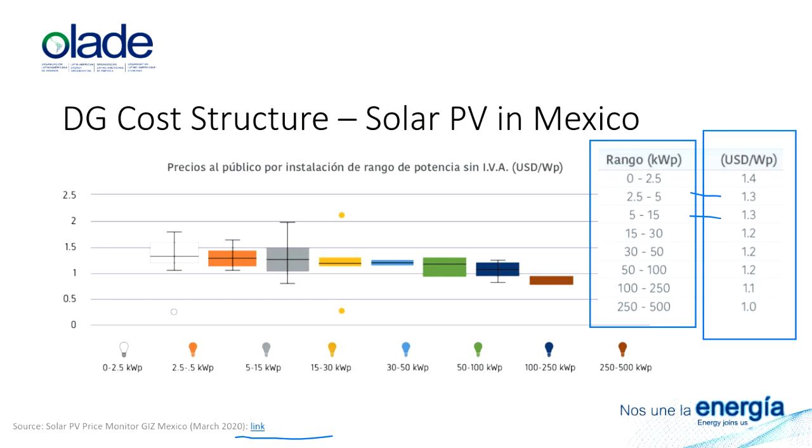And now, just 4 years later, we can see that these numbers are very similar to what utility scale numbers were a couple years back. This comes along with what we showed at the global perspective, but also at the local perspective, prices are dropping really fast, which is great for development of these applications.